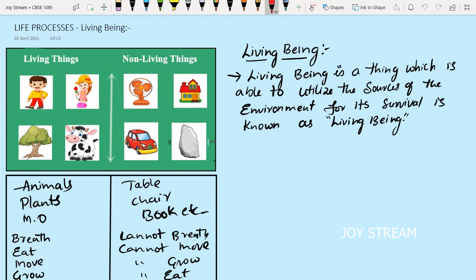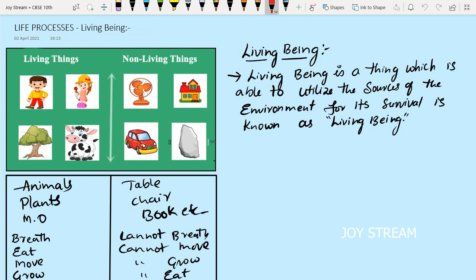We get food from the environment, we get oxygen from the environment, we get many things from the environment. We are utilizing the sources of the environment and surviving from it. So a living being is a thing which is able to utilize the sources of the environment for its survival.